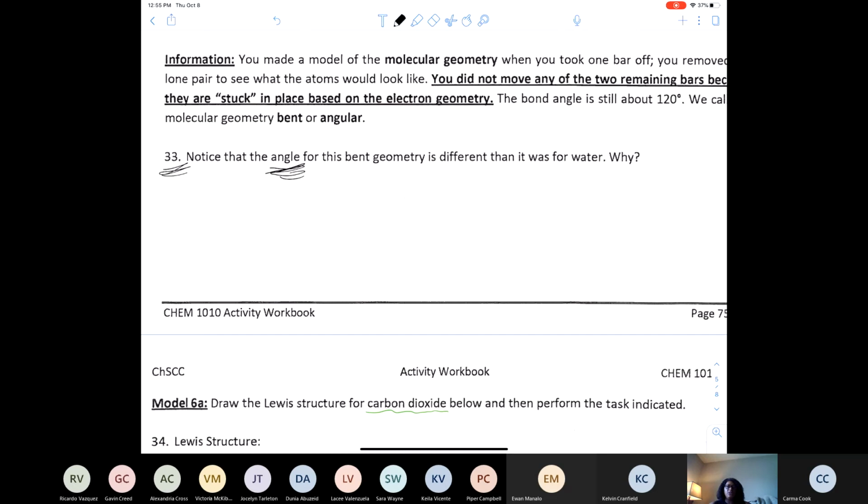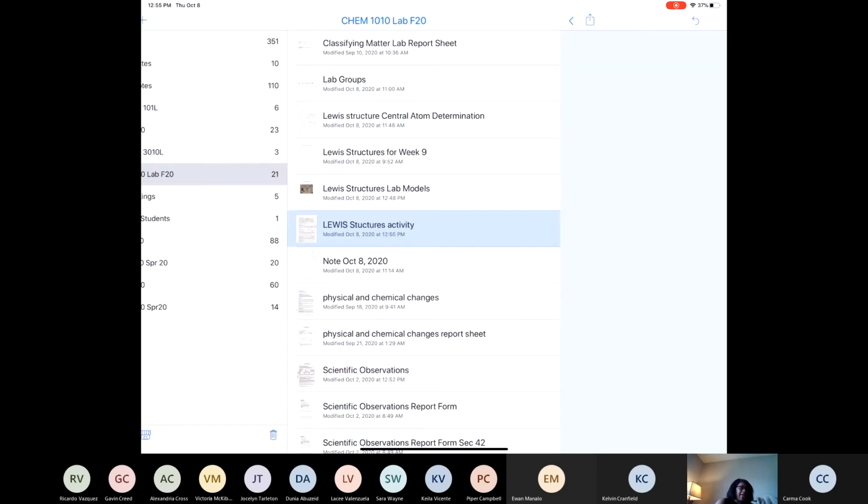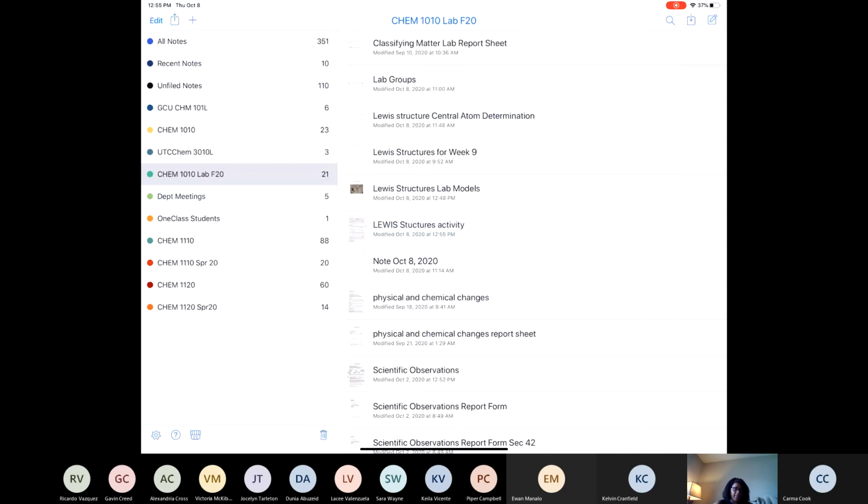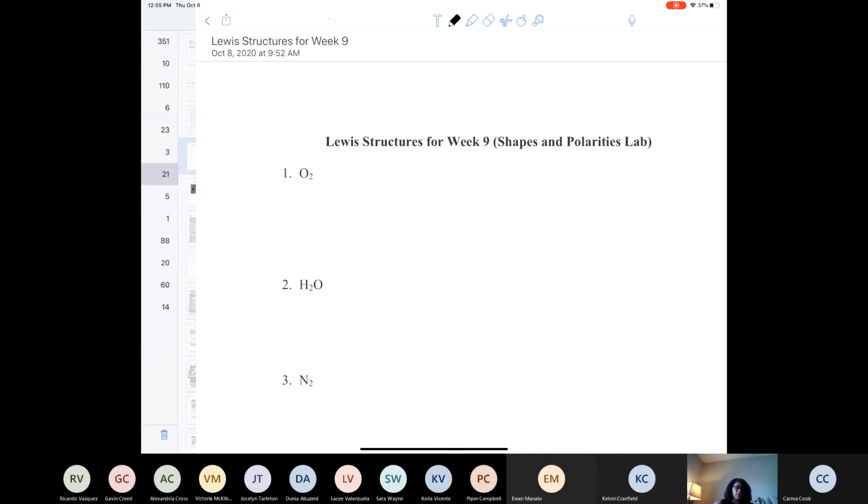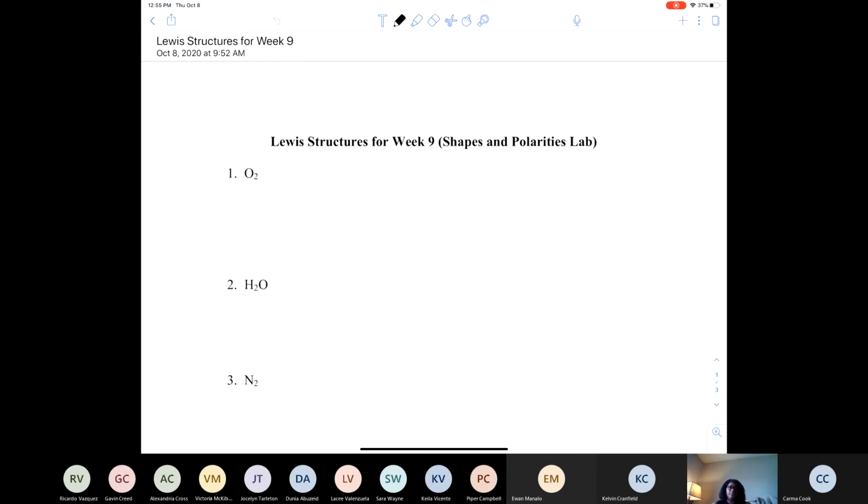If there are any other questions about models 4, 5, and 6, the last task that you need to do today is go to our eLearn lab page, course content, week 7, and download the Lewis structures for week 9.